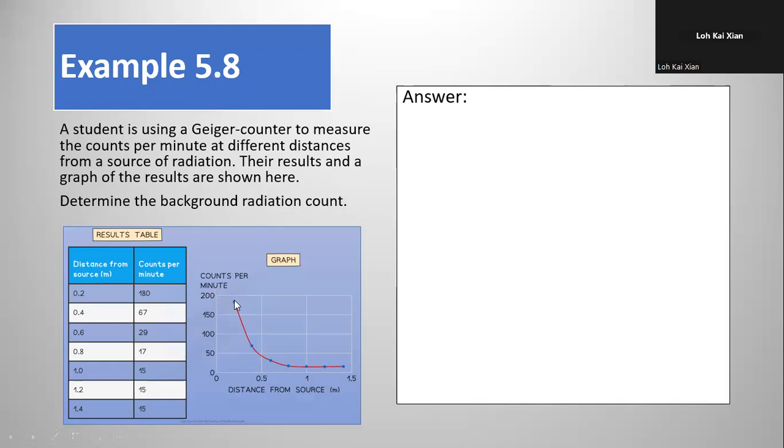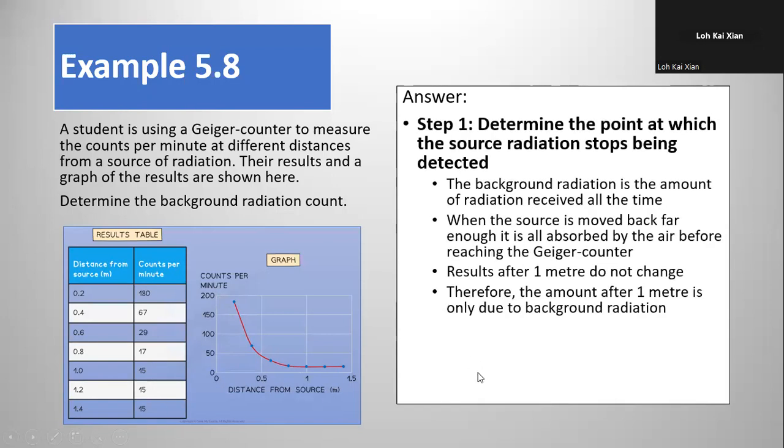Okay, this one, as you go further and further away, the amount of radiation detected is less and less. And then you can see after 1 meter, it is constant. It means it's not detecting the radiation from the source anymore. So this must be the background.